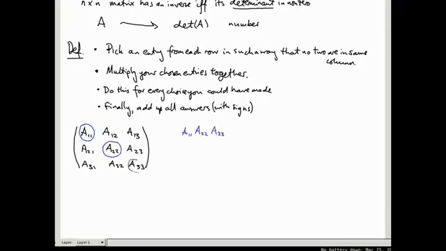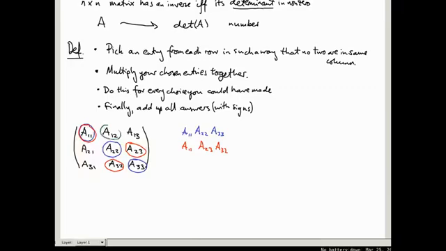Or you could do A23 in the second row and A32 in the third row, along with your A11. That's another valid choice.